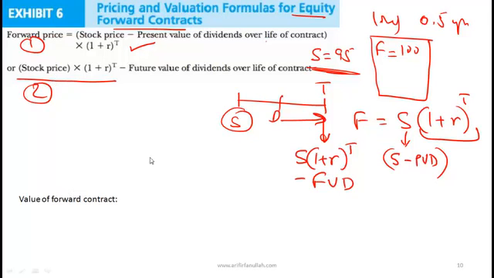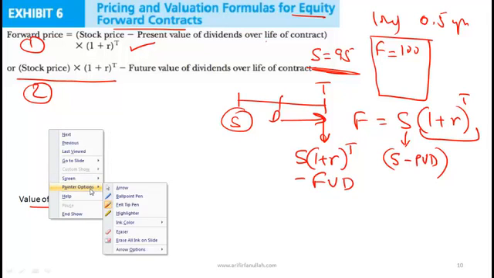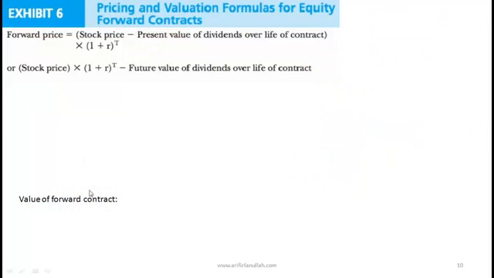Okay. Now, how do you think we come up with the value of a forward contract based on equity? So let me just clean this up. The concept is again the same. This is time 0, this is time t. Let's say we want to come up with the value at time t.